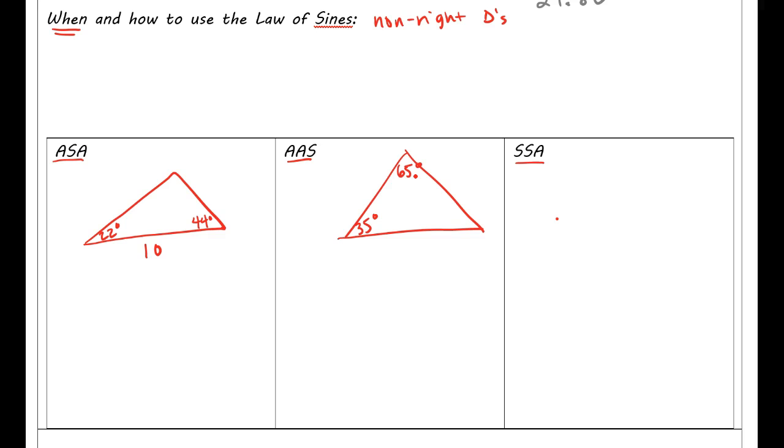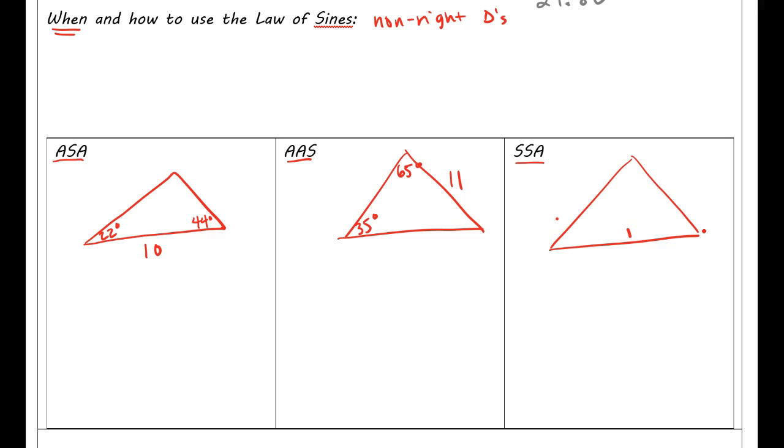So they've given me an angle followed by an angle and then followed by a side. So it would look like this, and you sort of imagine reading it circular, like start in a corner and then go around it in a circle, and whichever three things are touching, that's the type of triangle that you have. Now a side-side-angle, we'll draw the same kind of a picture here, okay?